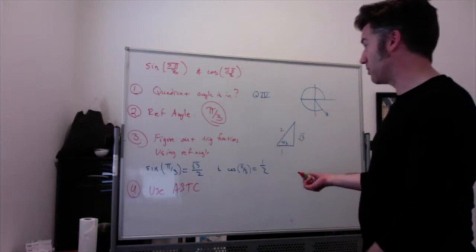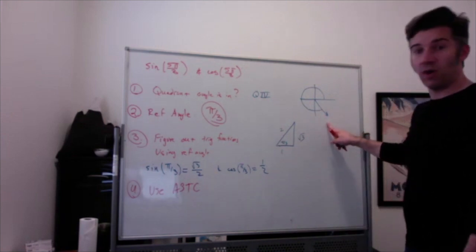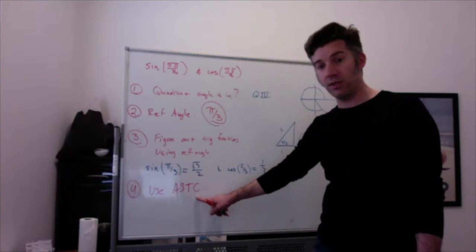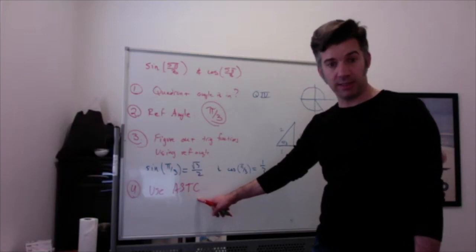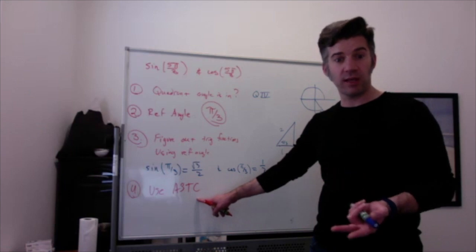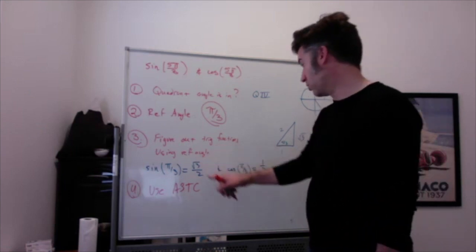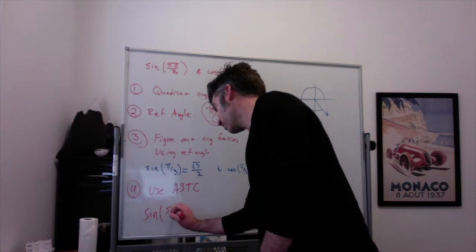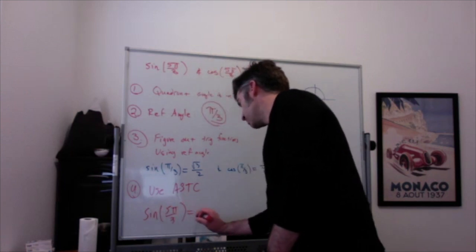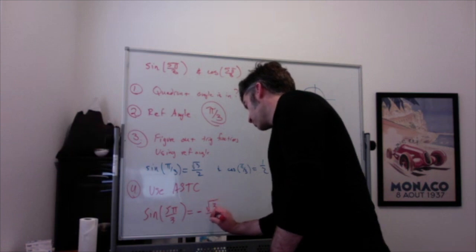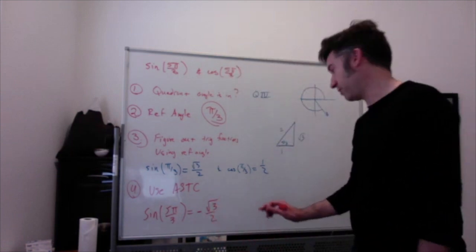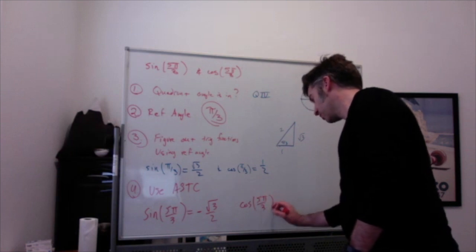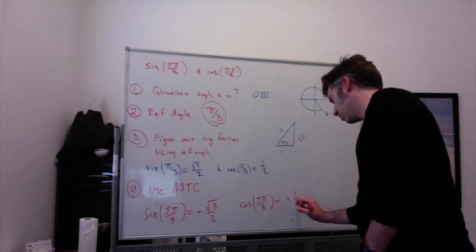In this particular example, our angle is in quadrant 4. And in the 4th quadrant, cosine is positive, and the other two trig functions are negative. So sine of 5 pi over 3 is going to be negative root 3 over 2. And cosine of 5 pi over 3 is going to be positive 1 over 2.